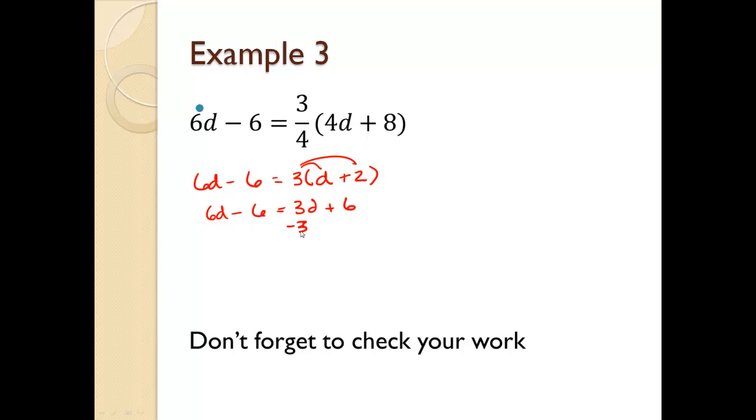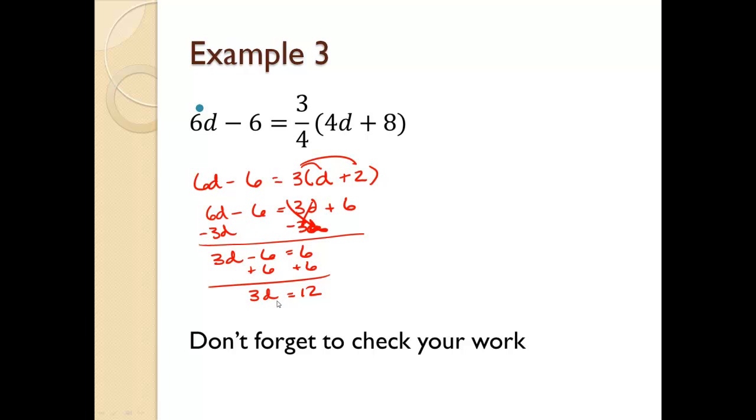Collect your terms on either side, so I'm going to subtract 3d from both sides. So that'll give me 3d minus 6 equals 6. And then I'm going to add 6 to both sides, which is going to give me 3d equals 12.